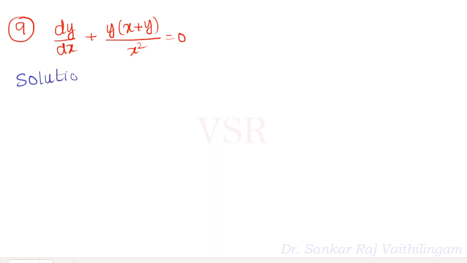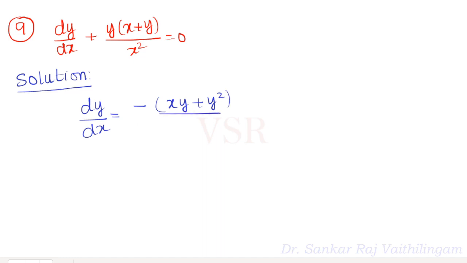சொல்யூஷன், so first என்ன பண்ணிக்கிறேன், we are having this that is dy by dx, which is equal to minus, இத அந்த சைடுல கொண்டு போயிட்டேன்னா இது என்ன கிடைக்கும் அப்படின்னா, xy plus y square divided by x square.